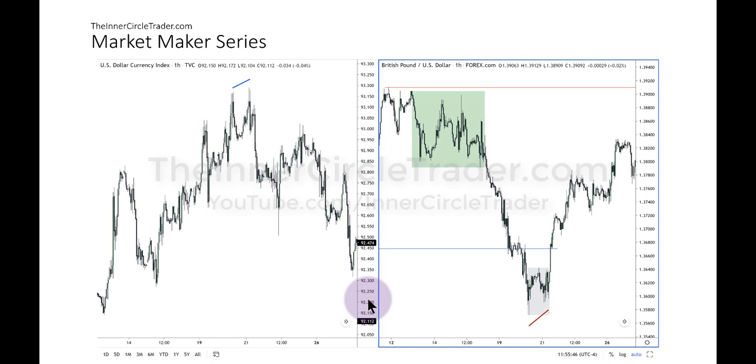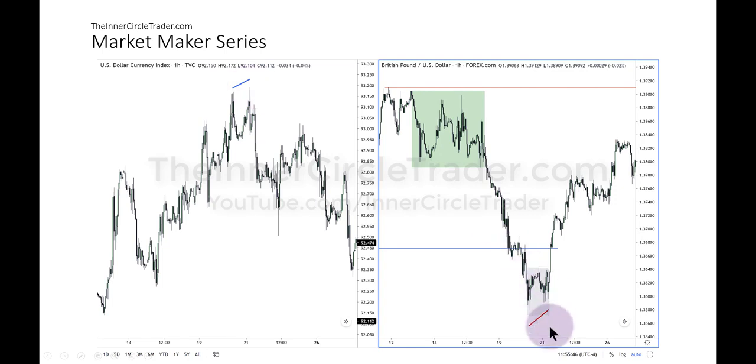A better view of what I'm referring to here is SMT divergence. On the right hand side, it's the chart of the pound dollar, and the left hand side, it's the dollar index. Here's that higher high in its own chart, and then here's that higher low on its independent chart on cable. So these two price points are correlated to these two price points.